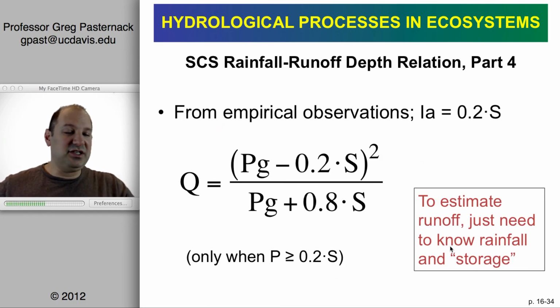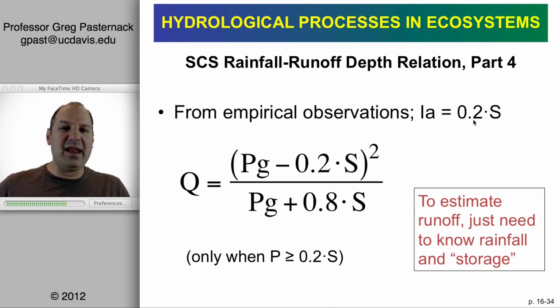We have to do more lumping and more simplification. So the next thing is you send out all your scientists around the United States and you make measurements and you find out, hey, initial abstraction is actually related to storage. And in fact, initial abstraction equals 0.2 of the total storage capacity of the soils in the watershed.